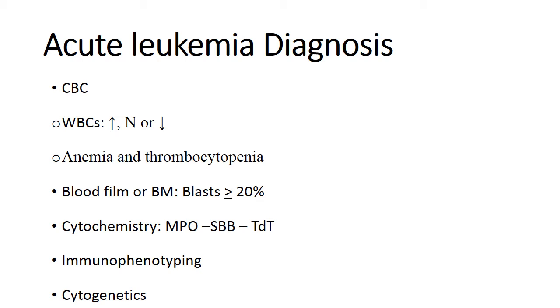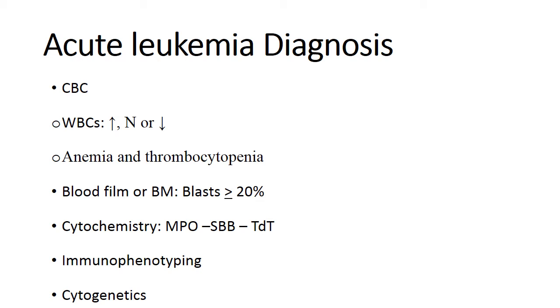If we examine the blood film or bone marrow smears, we will find a blast count in bone marrow or blood film in the percent of 20% or more. When we find this percent of blast cells in the blood film or bone marrow, we can diagnose a case of acute leukemia.